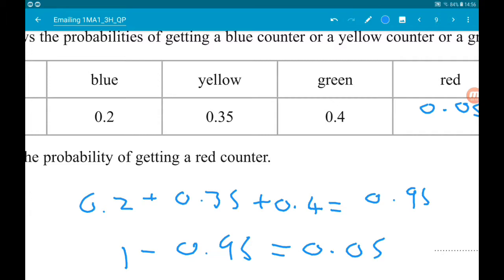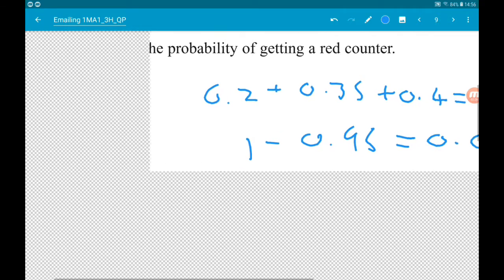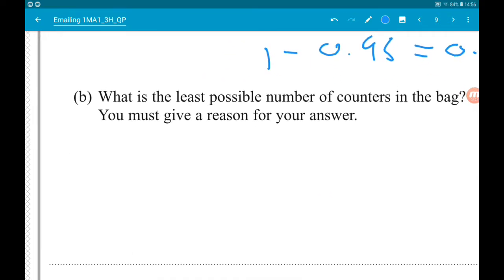So for example, blue had 0.2. And remember, your calculator can do this: stick it in, press equals, and you will get 1/5. So that only needs for there to be 5 counters in the bag.